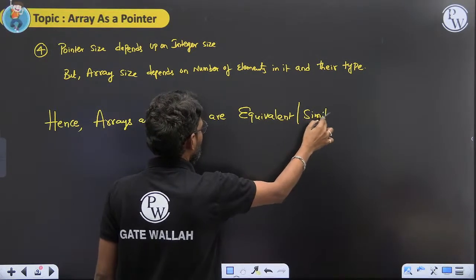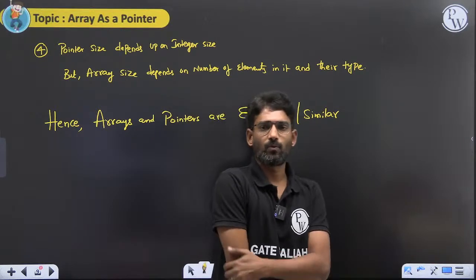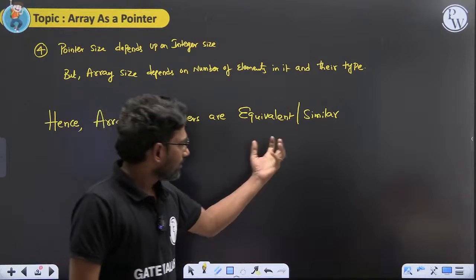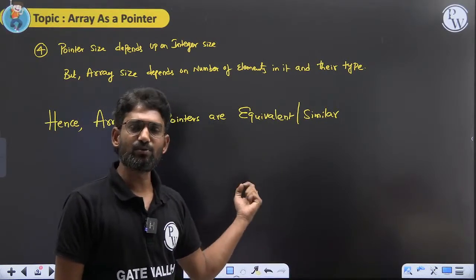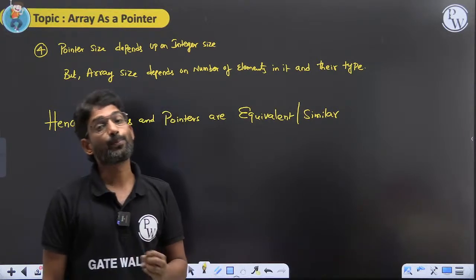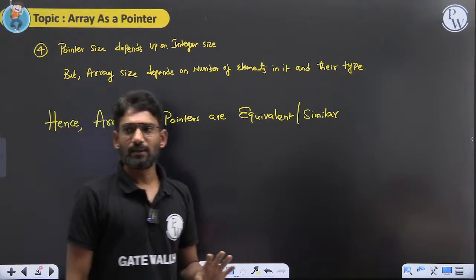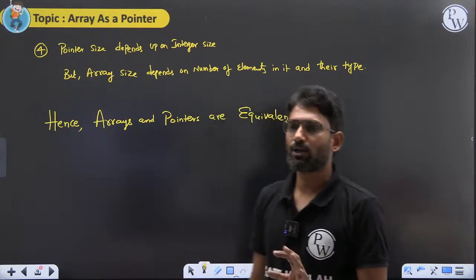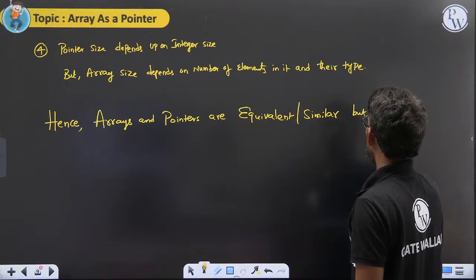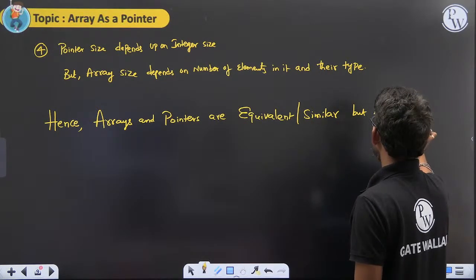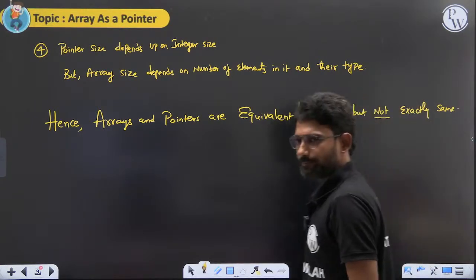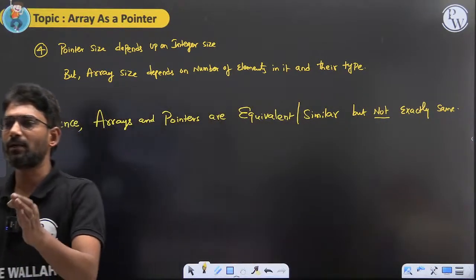That means in usage, while you access an element, the way you access it using the array name, in a similar way you can access the element using the pointer name. But they are not exactly the same. They are just equivalent.